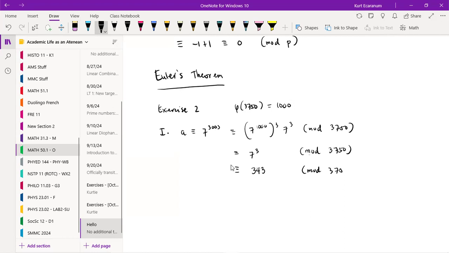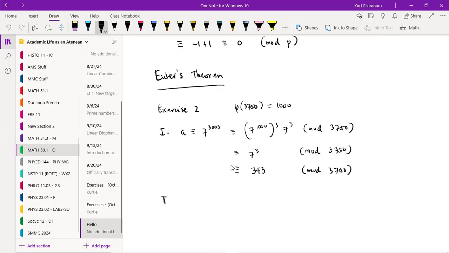So one basic requirement for you guys and for me as well is to memorize the prime powers. Prime powers of 2, 3, 5, 7, 11, 13. As long as we know those, our calculations are fast. Again, 343 mod 3750.